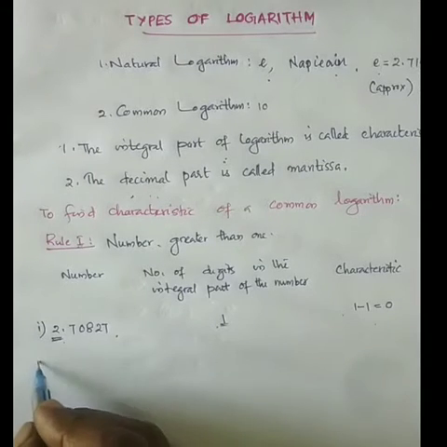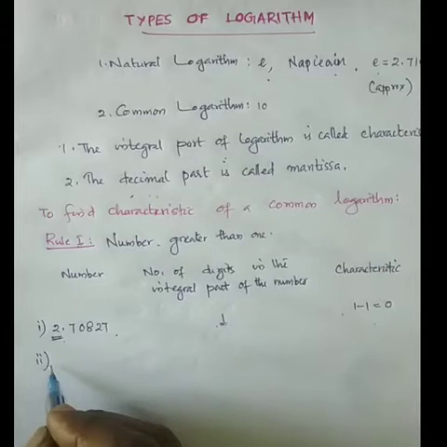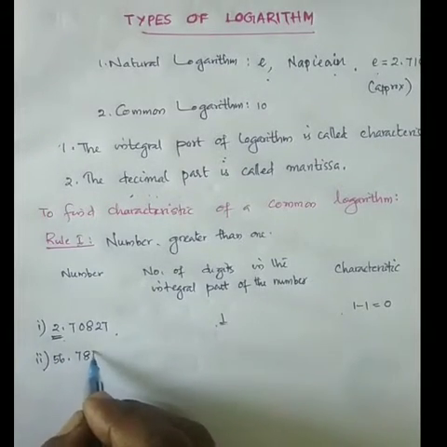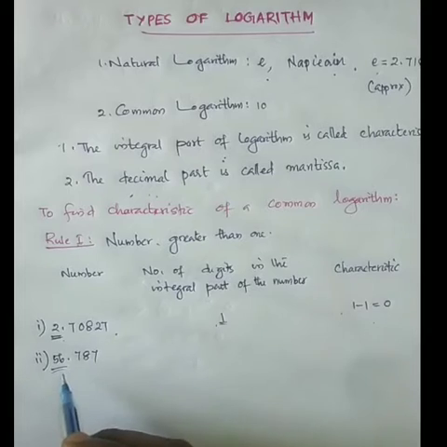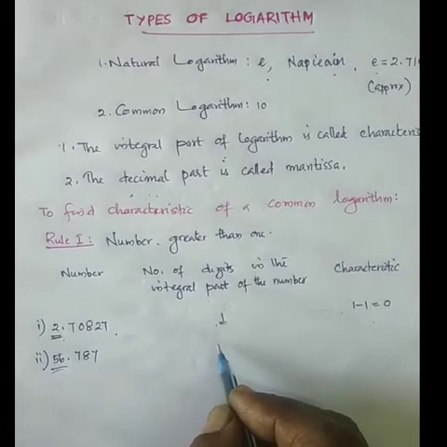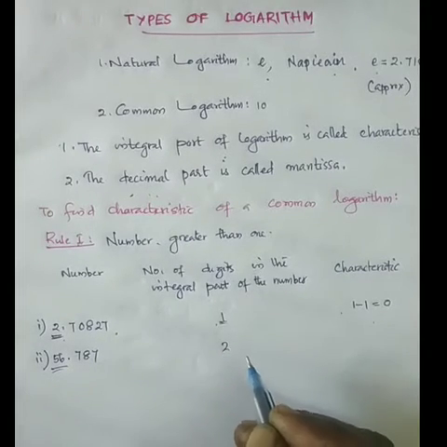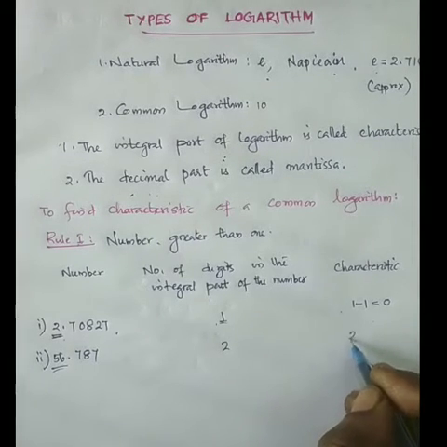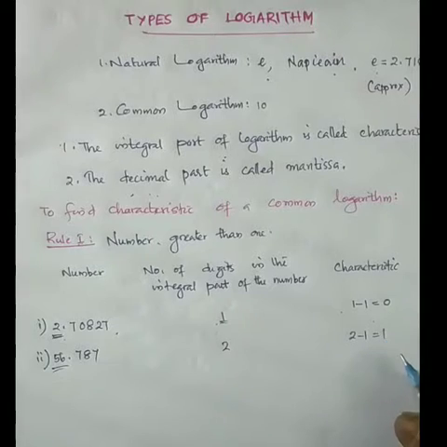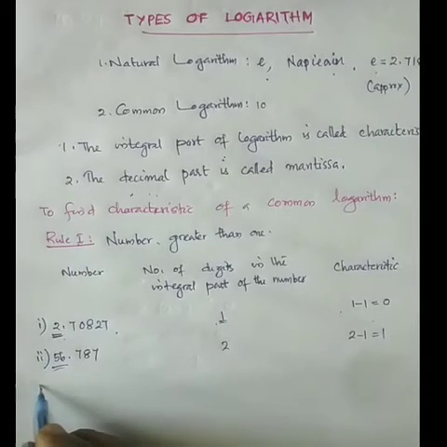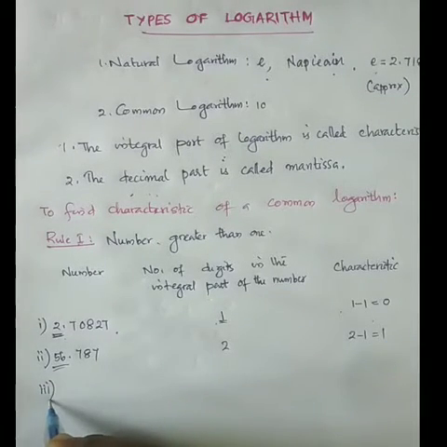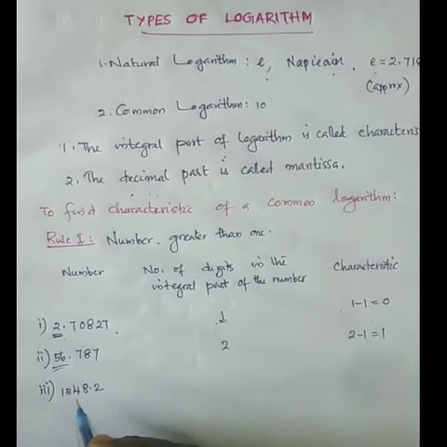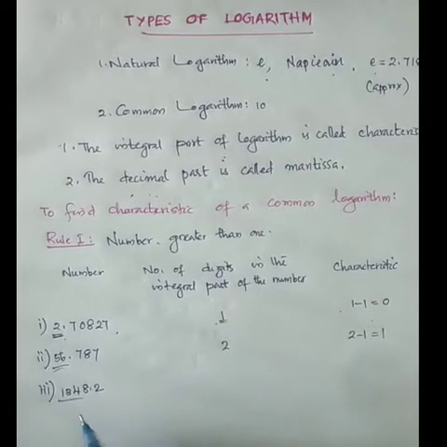See another one, 56.787. See how many digits are there in the integral part? There are 2 digits. So the characteristic is 2 minus 1, it is 1. Another one, 1348.2. How many digits are here?